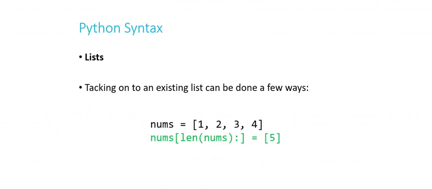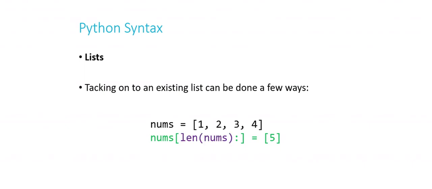So I'm creating a new list, a list there with a single element, 5, and I'm saying the nums list from position 4, which is the length of nums, forward, gets this list assigned to it. So if I had put 5, 6 there, after this would execute, I would end up with nums equals 1, 2, 3, 4, 5, 6. So this is how I can perhaps attach one list to the end of another list, as opposed to attaching one element to the end of a list.